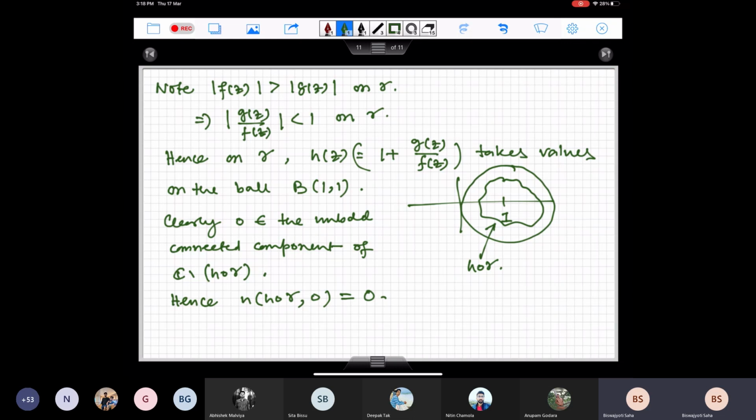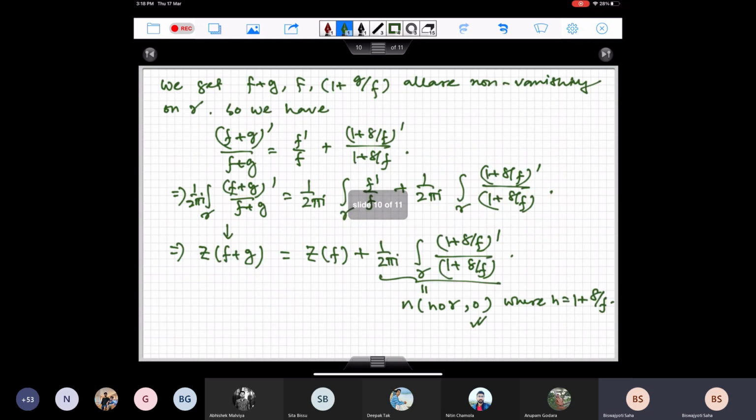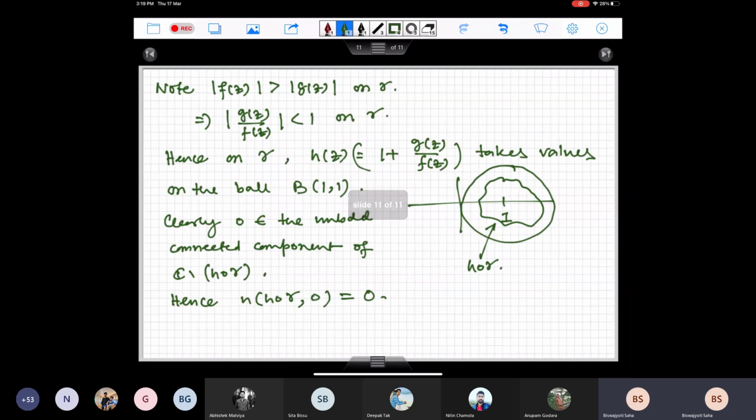This winding number is 0, and once this winding number is 0, we get Z of f plus g is equal to Z of f. Okay, so that completes the proof of Rouché's theorem.